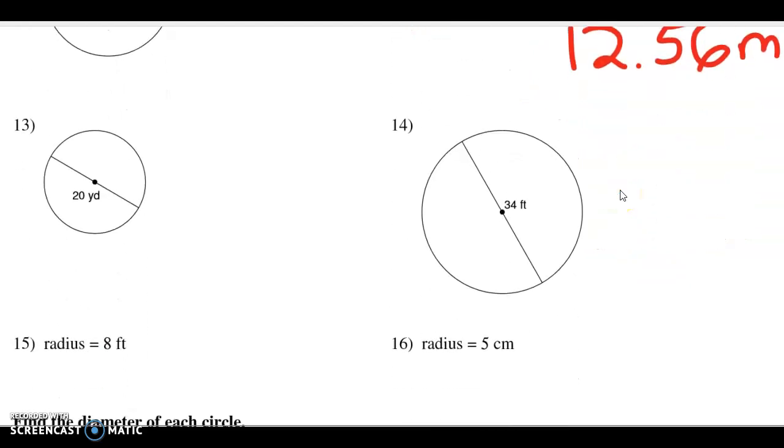All right, moving on. I see that I have 34 feet, but again, they gave me a diameter, so I have to divide that by 2. 34 divided by 2 is 17. So I'm going to set up my problem as 17 times 17 times 3.14.